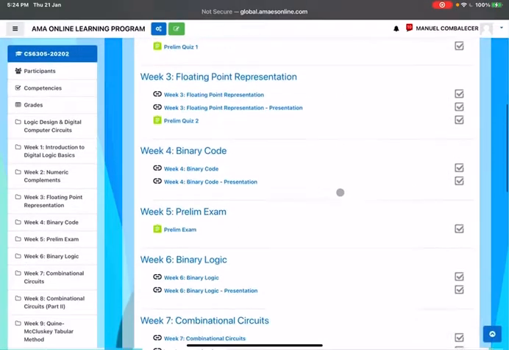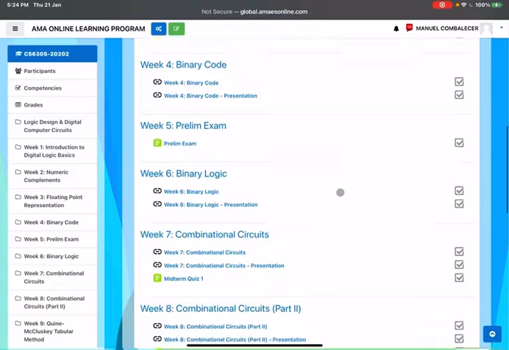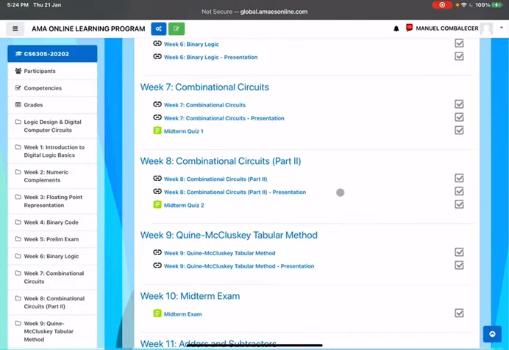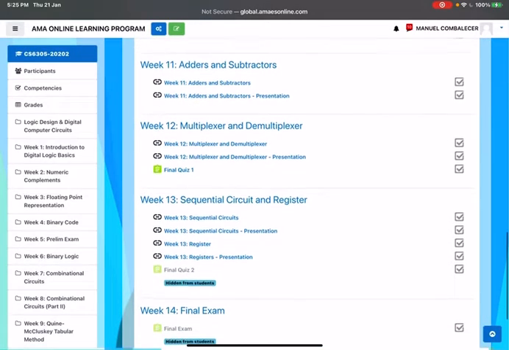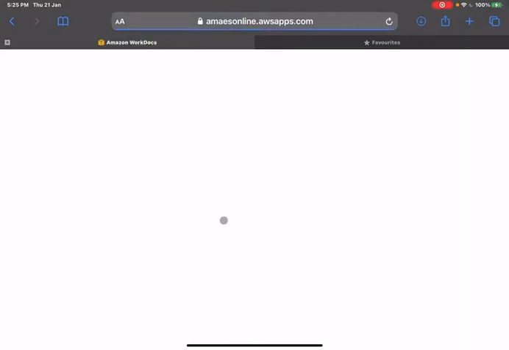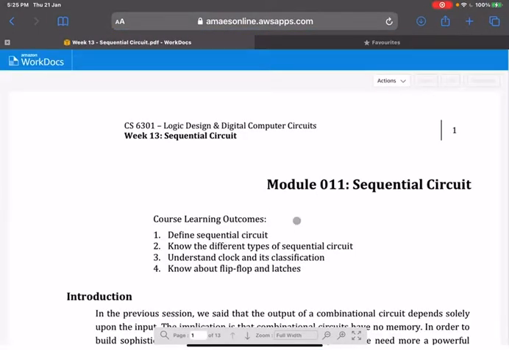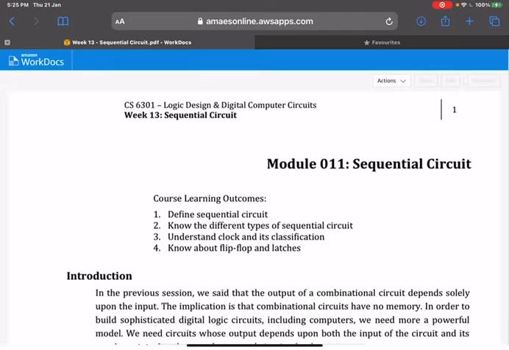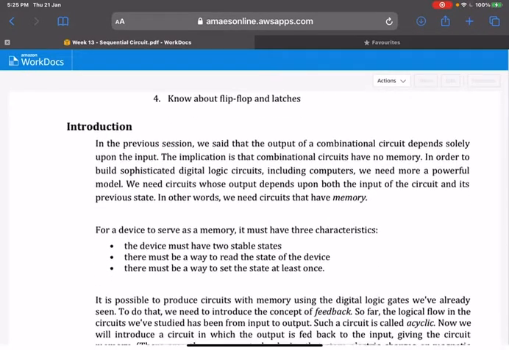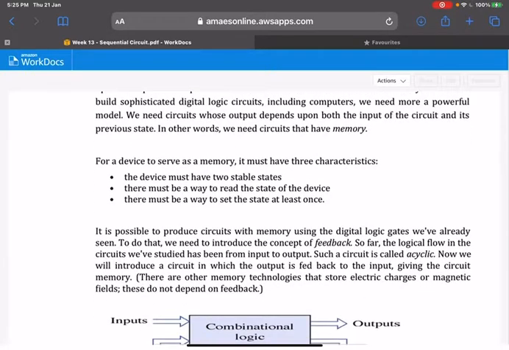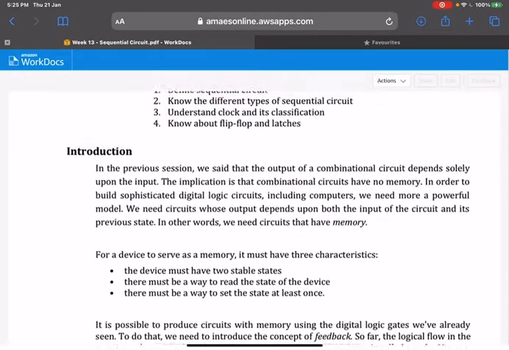So we just finished midterms and the first part ng pre-finals natin. Natapos na natin, multiplexer. Okay, so we'll go with sequential circuits. Medyo technical to, so discussing ko lang yung mga basic parts, yung mga definition lang and some significant parts ng discussion.